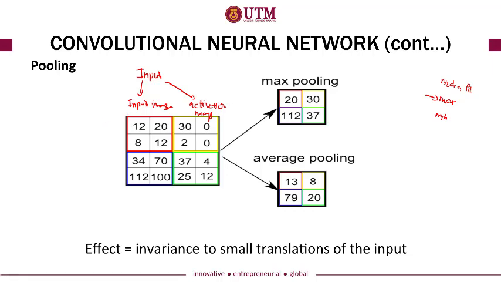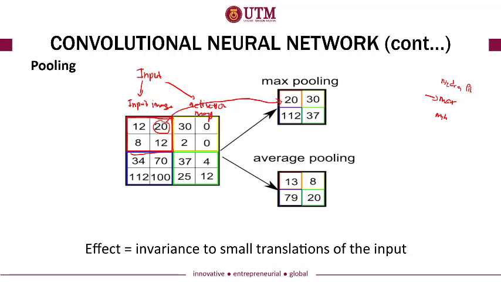That's why you can see that they have a window size of 2 times 2, and then for the values that overlap in this window, you need to observe and find which one is the maximum value. So it should be this one, right? So at the output side you just copy this 20 into this side.